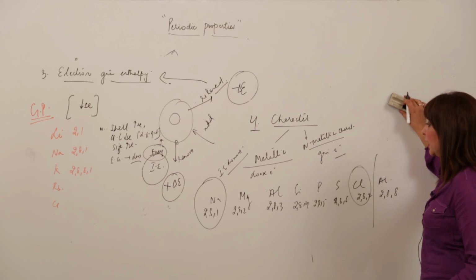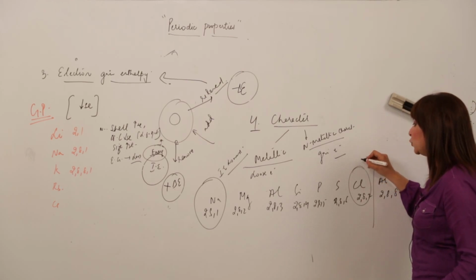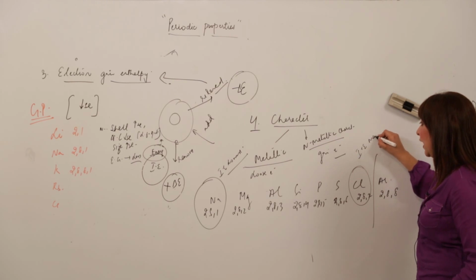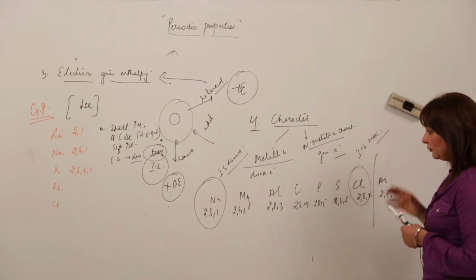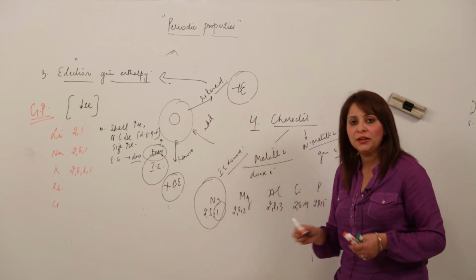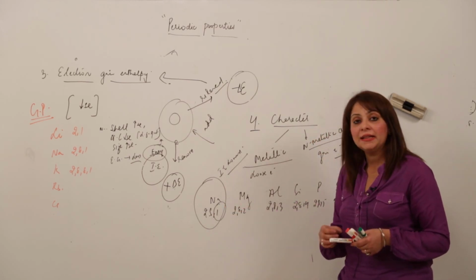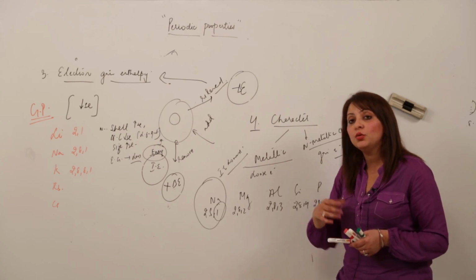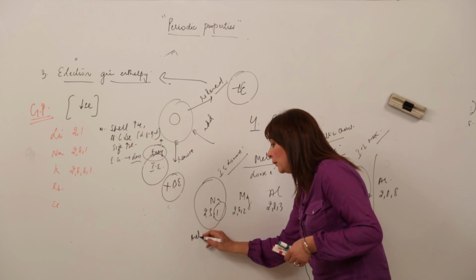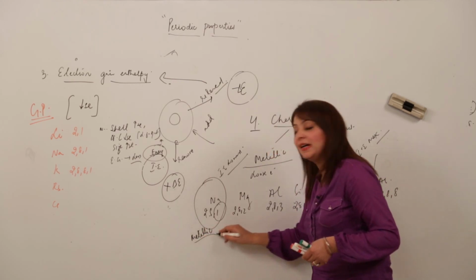Chlorine is the smallest one out of this period, and that means it has the maximum ionization energy. If we want to remove this electron, less energy will be required for the first element, and less energy required means that it can lose the electron more easily. The more easily the element loses the electron, the more metallic it is. So that means it is metallic.